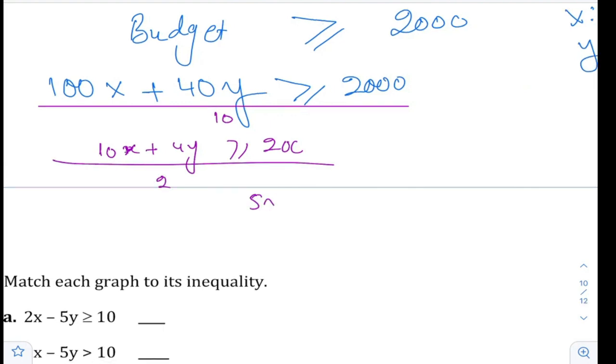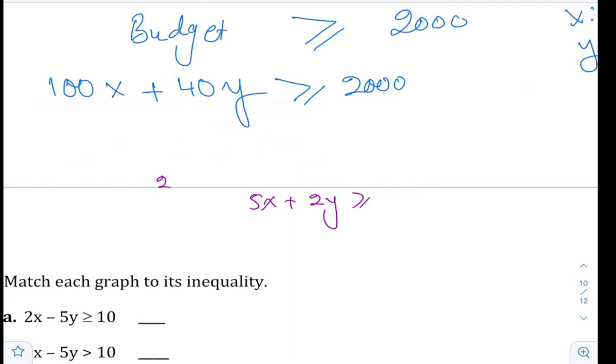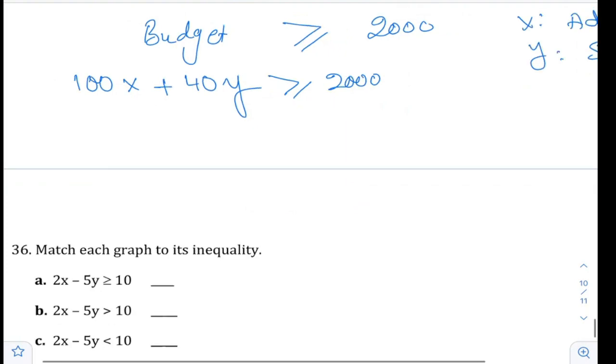So it will be 5x plus 2y more than or equal to 100. You can stop here and start simplifying and isolating the y to be able to graph it, but you are not asked to do so. If you are, please simplify before doing anything, but we are not doing it now.